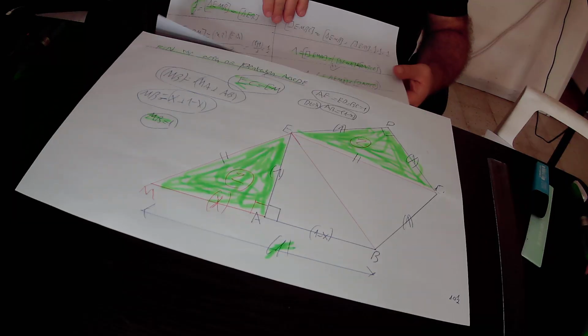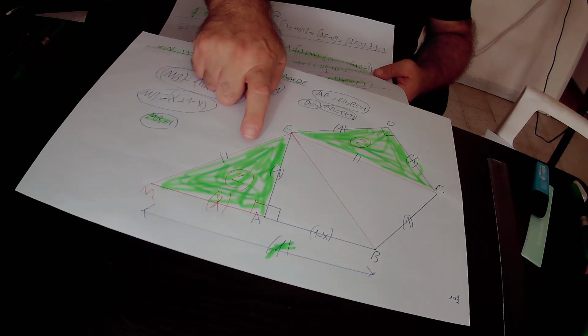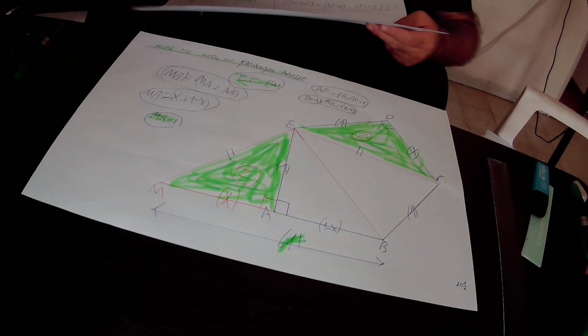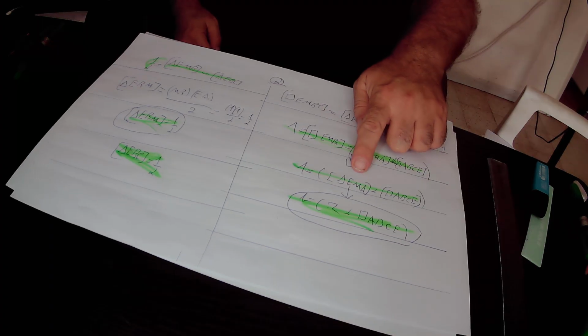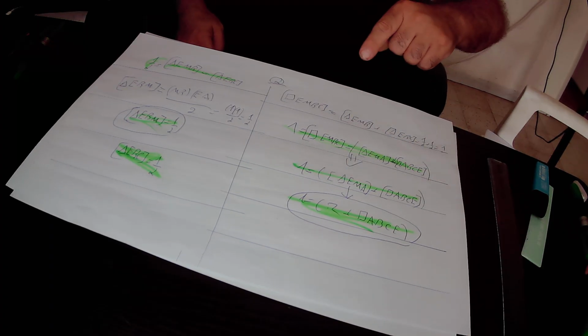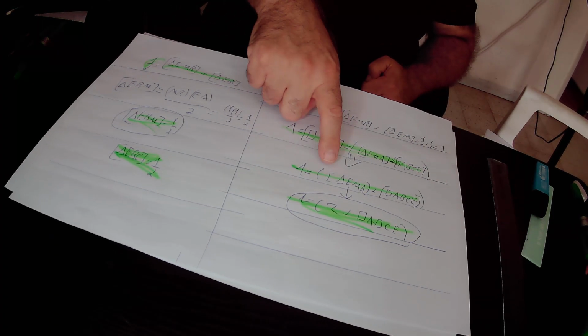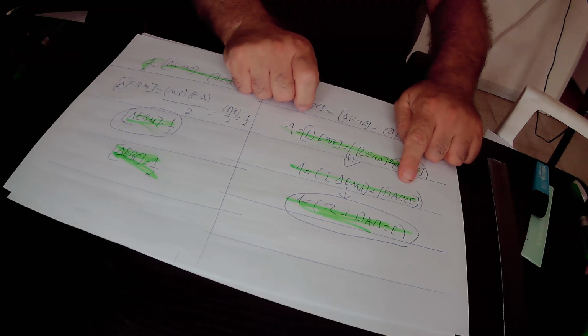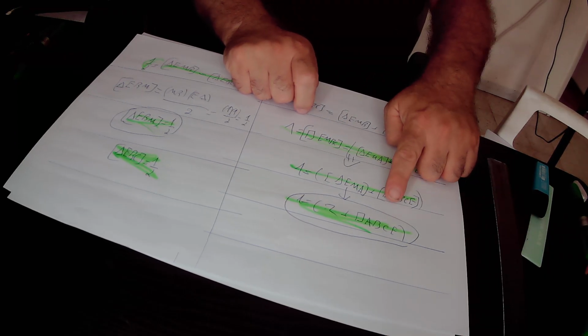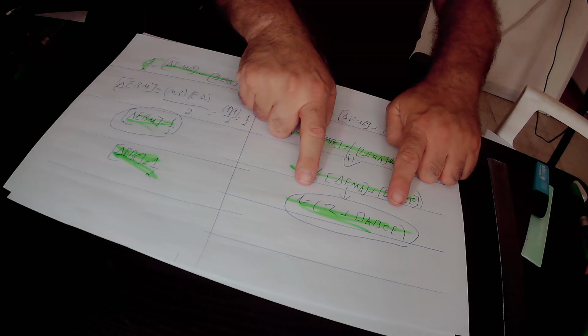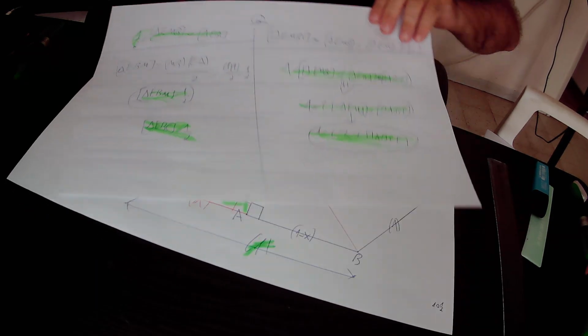But according to our definition, the area of this triangle EMA equals Z square units in size. So you can substitute the area of triangle EMA by Z and get that 1 equals Z plus the area of quadrilateral ABCE.